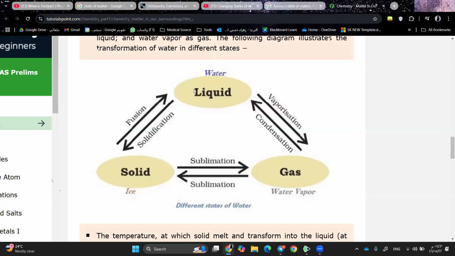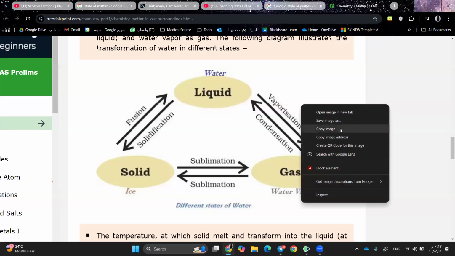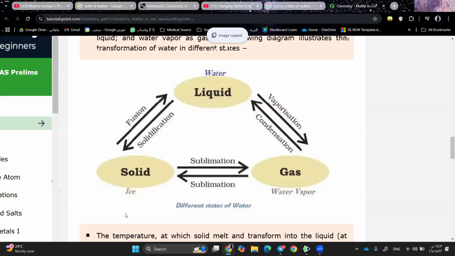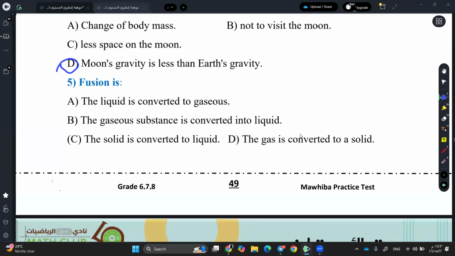So from solid to liquid. You can all take a screenshot and let me also share it on the chat. So fusion is when the matter changes from solid to liquid. So what do you think is the answer? I think the answer is C. Excellent. C, solid converted to liquid.